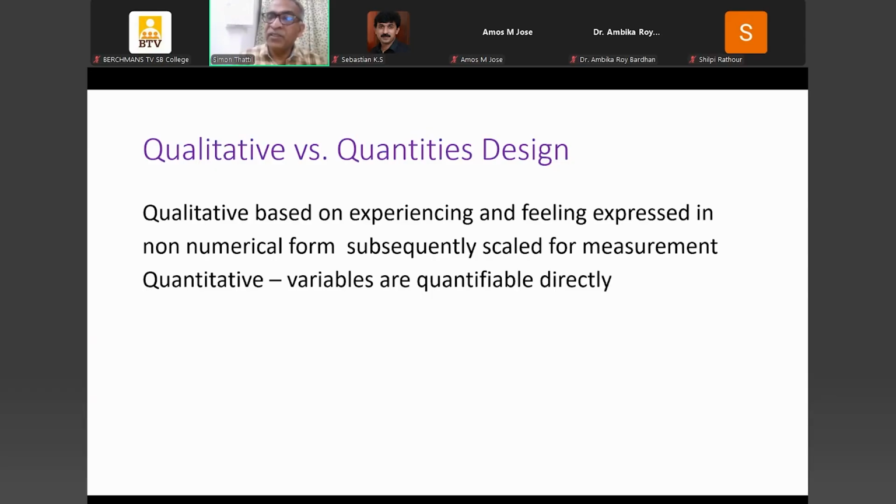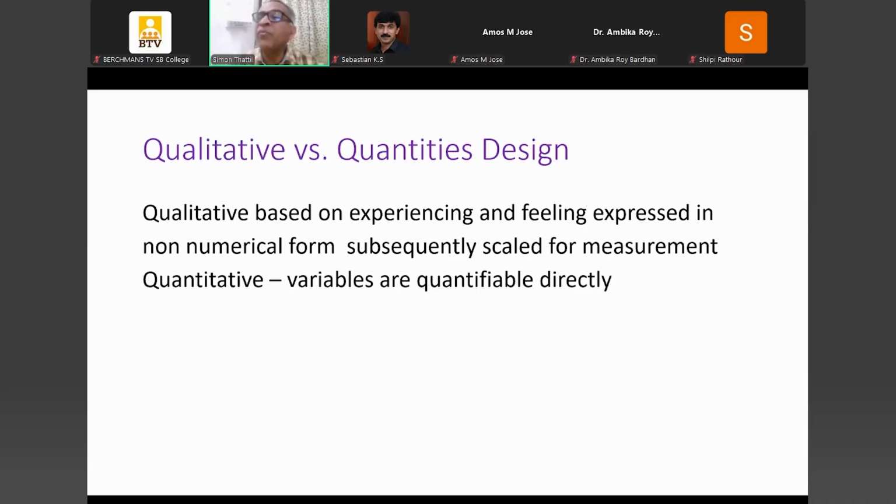Suppose I measure somebody's height with one scale, and another person measures and says, no, this is wrong, and a different value comes. That indicates the measurement validity is lost. But normally, because we have quantifiable scales which are generally perfected by standards, your quantitative aspect is generally taken care of, and we can go by that.